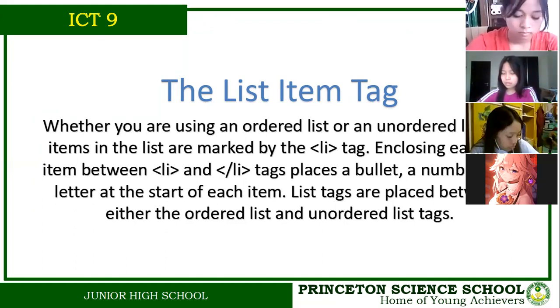Enclosing each list item between the beginning LI tag and the ending LI tag places a bullet, a number, or a letter at the start of each item. List tags are placed between either the ordered list and unordered list. So again, the LI tag, we use this if we're going to add items in our list.